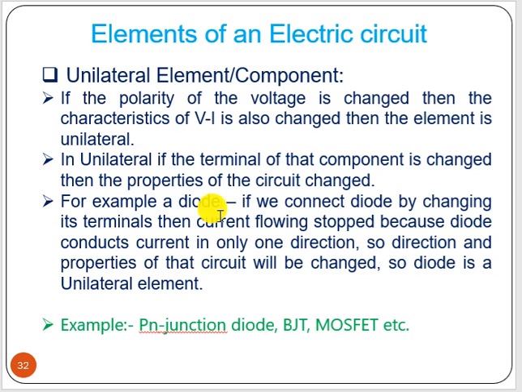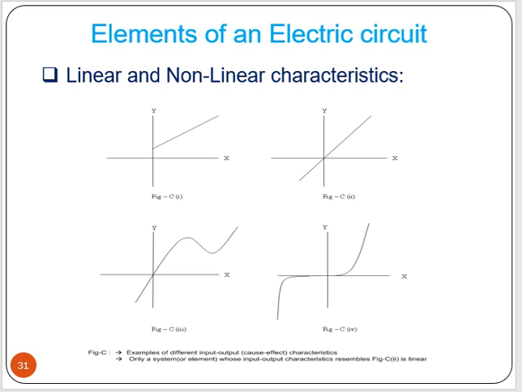For example, a diode. When the diode is forward biased, it shows an exponential curve: zero up to some voltage, then it starts rising exponentially. When it is reverse biased, it is zero up to some point, then increases drastically.